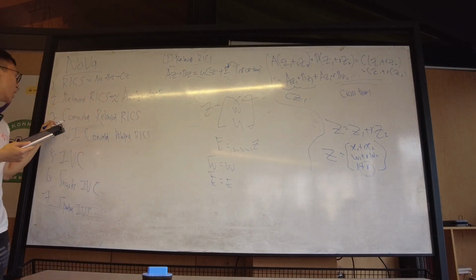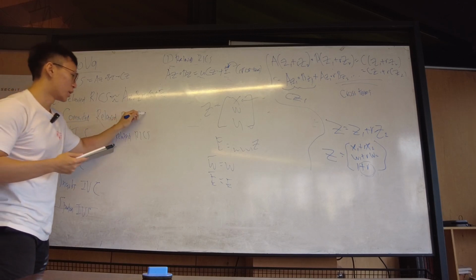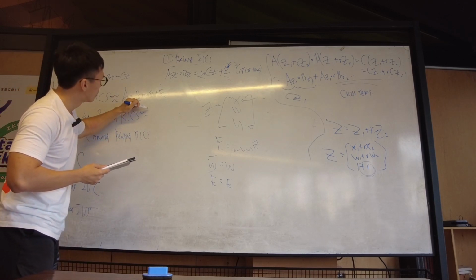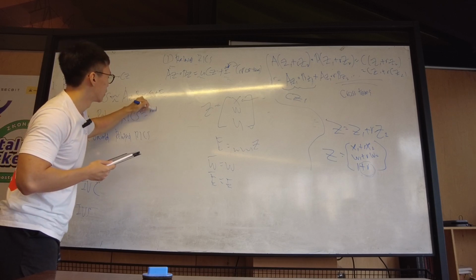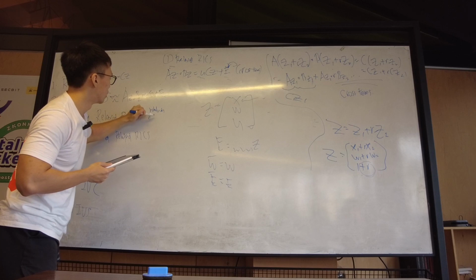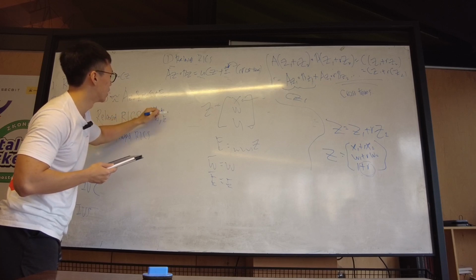So this is why we commit. I'm going to have it over here. We commit, so introduction of W bar and E bar.